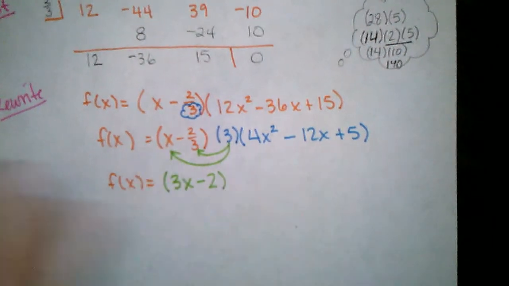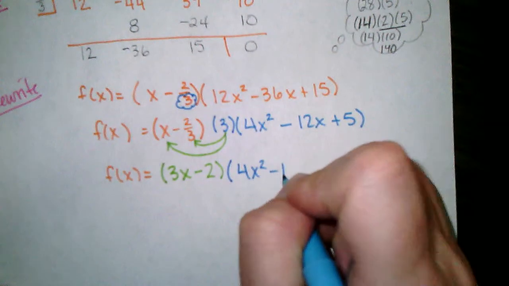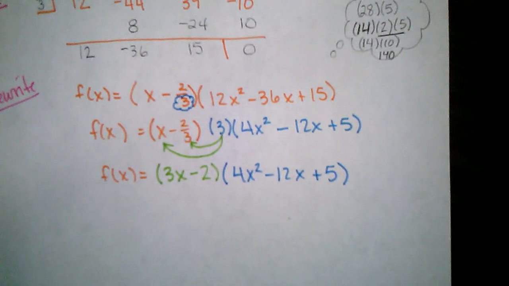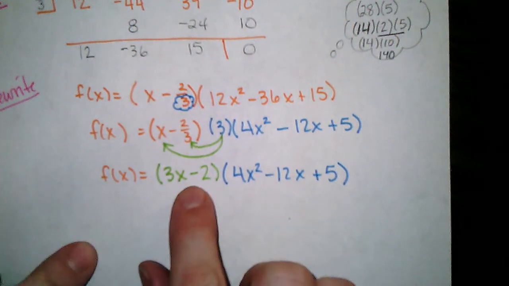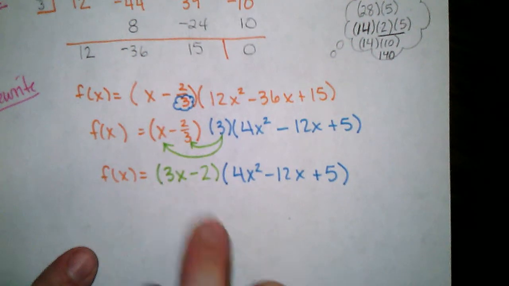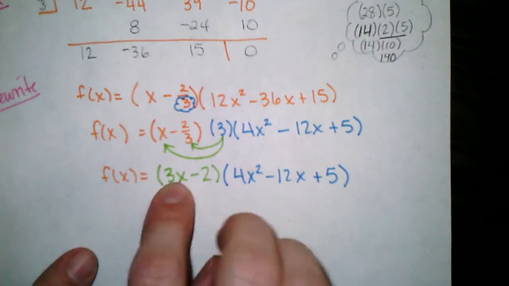Now that 3 went in there, what I have left over is 4x squared minus 12x plus 5. I know that's weird, but that's what you need to do to make this work. So instead of x minus 2/3, you've got to take a 3 out of what's left over and put it in to make it 3x minus 2.